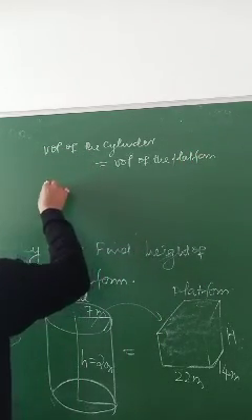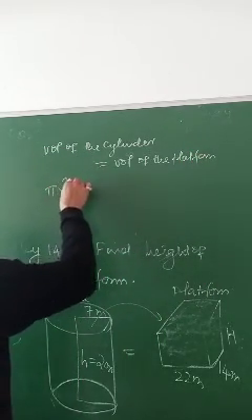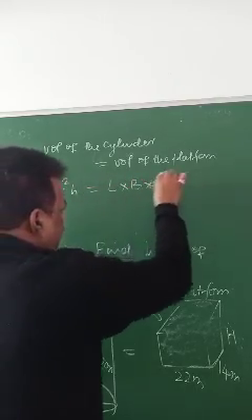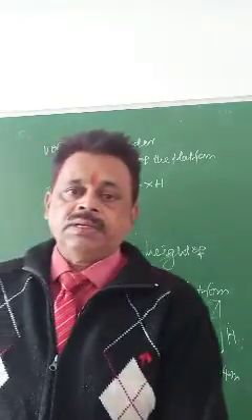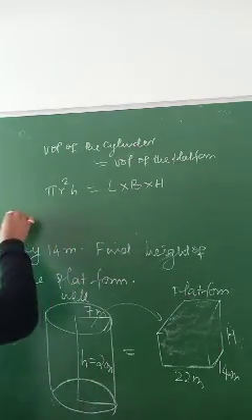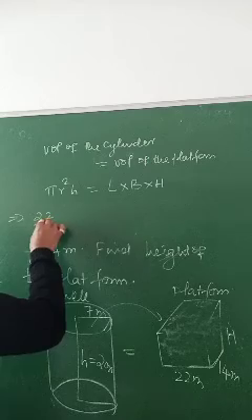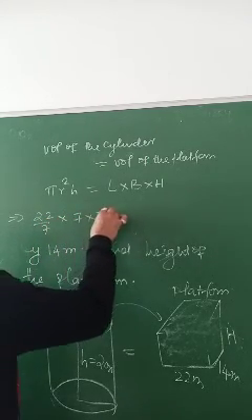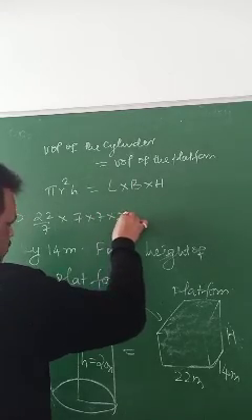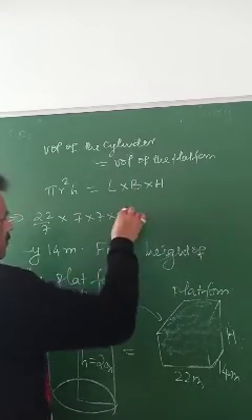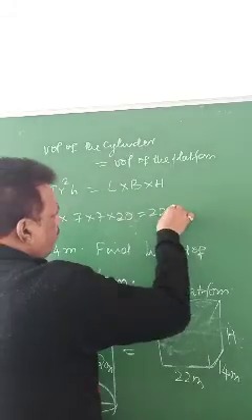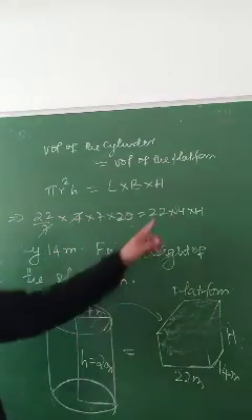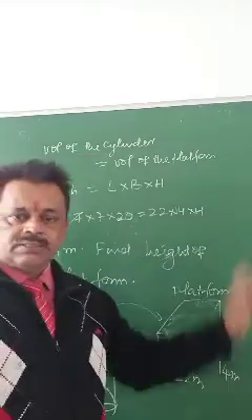So this is pi r square h equals A into B into h. Okay, pi 22 by 7, r is 7 into 7 into 20 equals 22 into 14 into h. Cancel here. So you divide these two and find the value of h.